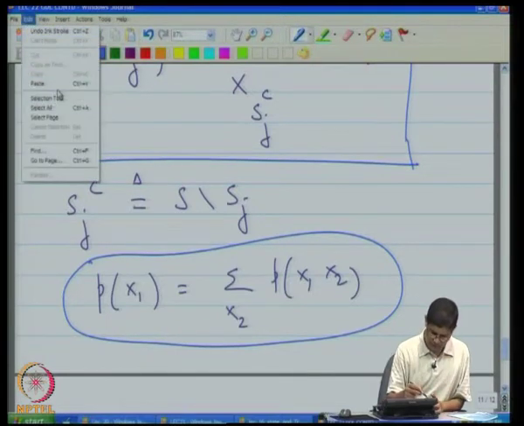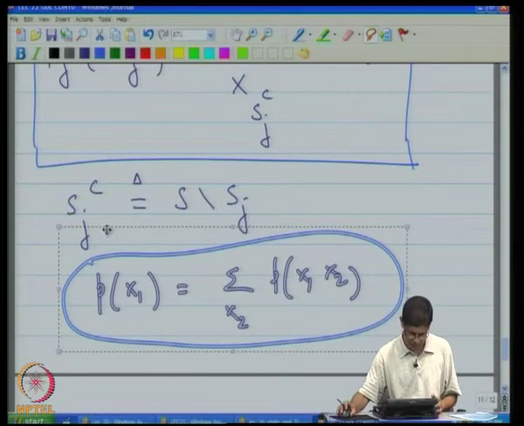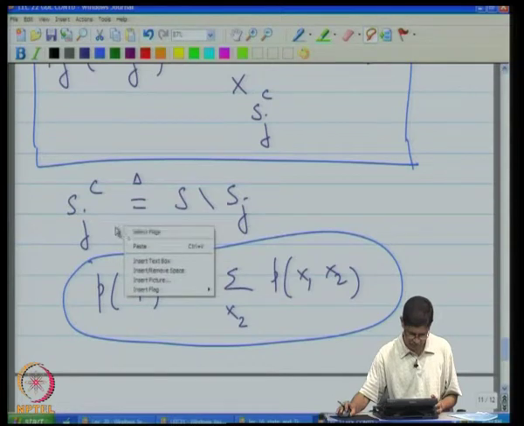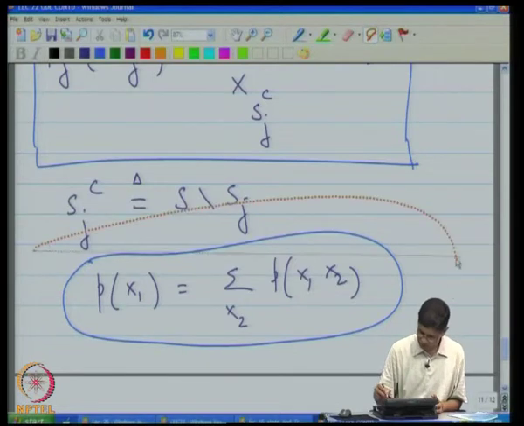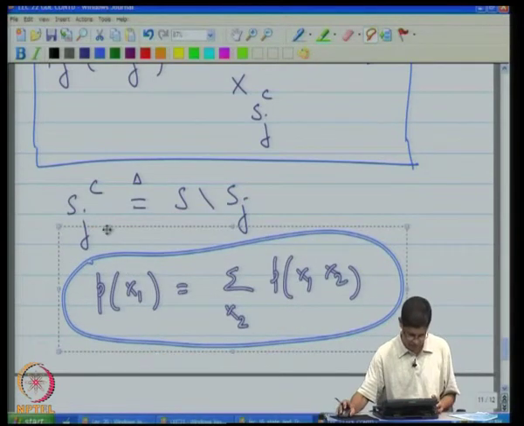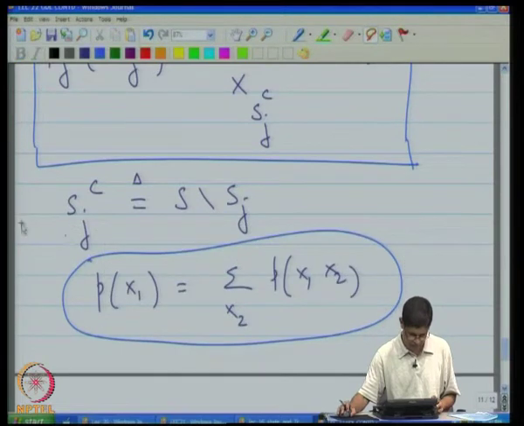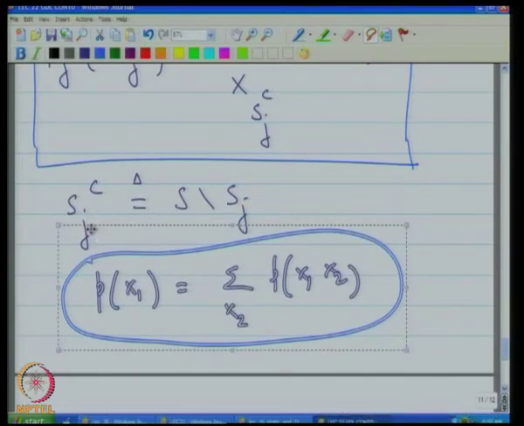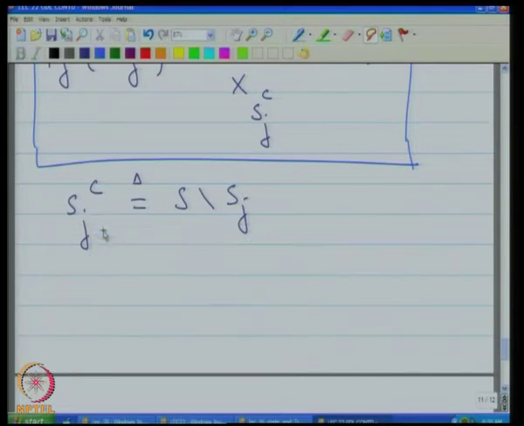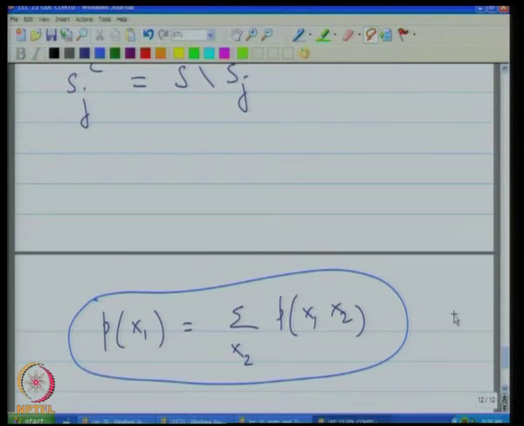Since this is really an aside, let me put it on the next page and put this down as an aside.